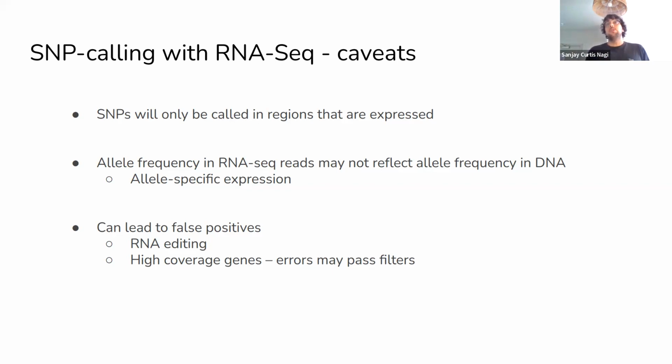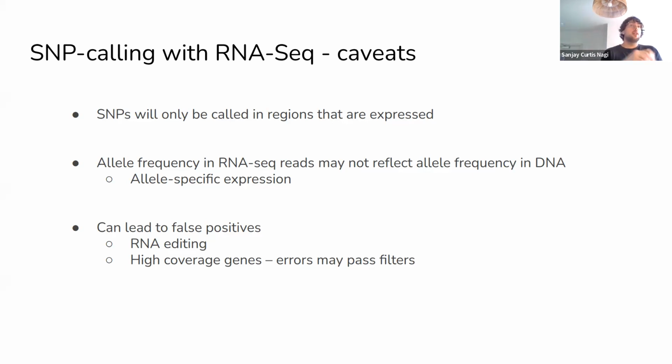Now that in itself is maybe not too bad. This is the premise of exome sequencing. Exome sequencing is a bit like whole genome sequencing, but we just focus on exonic regions. So you could say that we are at least focusing on what might be the most important regions of the genome.